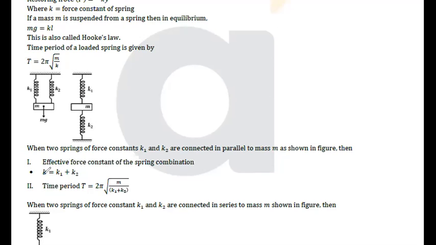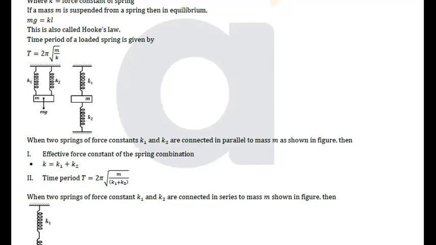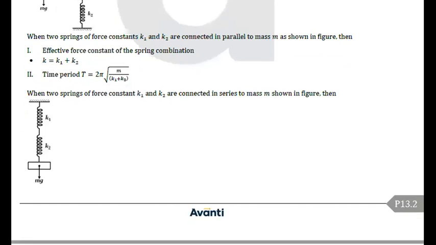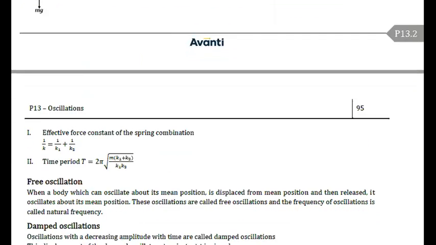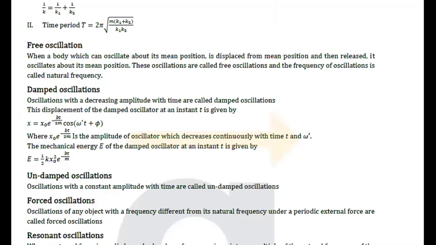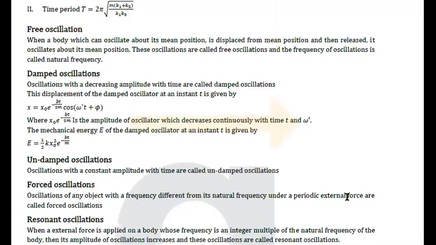Now in parallel, K effective is K1 plus K2. Now in series, it is the opposite, like resistance. Now, free oscillation, whatever we studied was free oscillation. When it comes to damped oscillation, if there is a damping force, the amplitude will keep on decreasing.